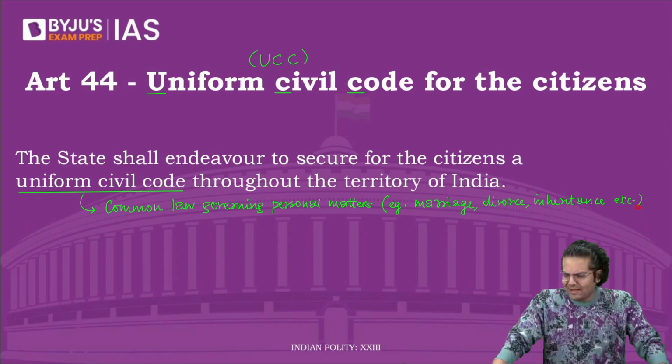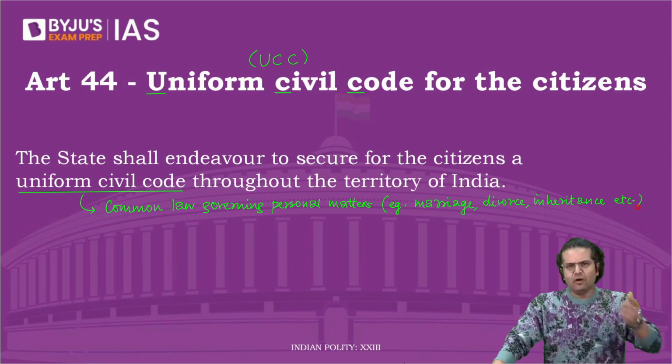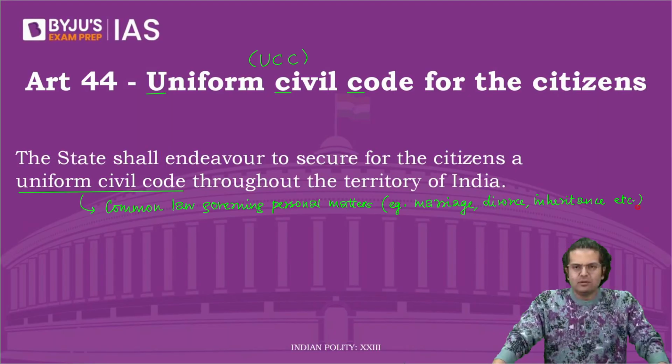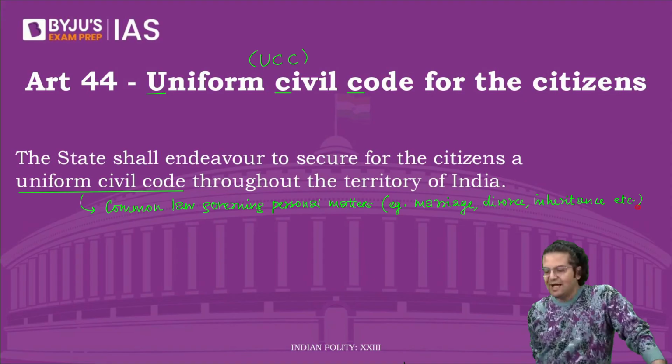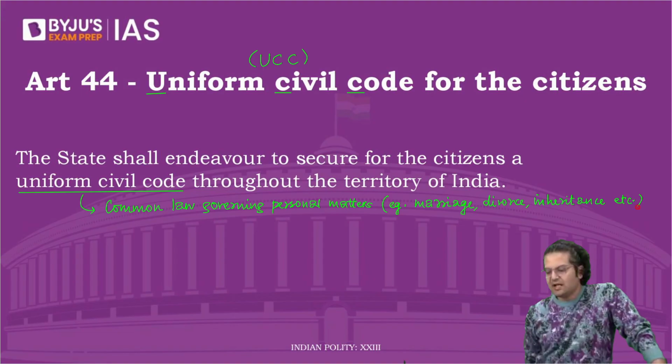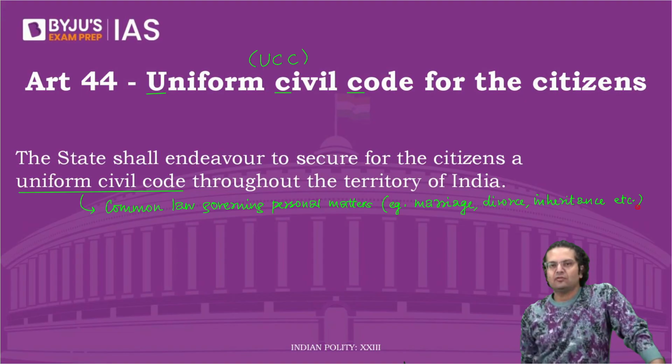So, right now, don't we have one law only for all the people? We have a common law for criminal cases, IPC, yes or no, CrPC, for civil matters also, CPC. But for personal matters, we don't have a common law.